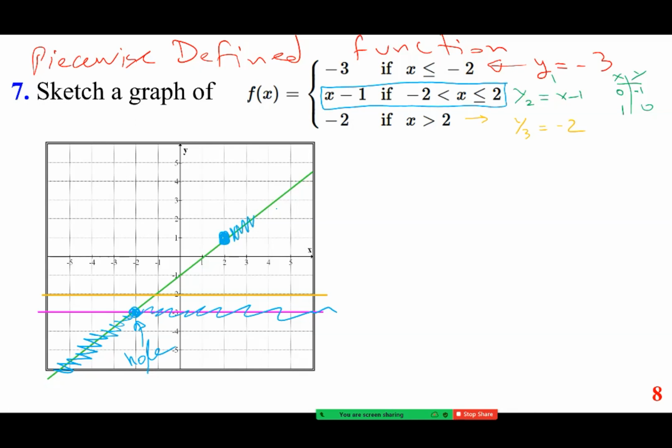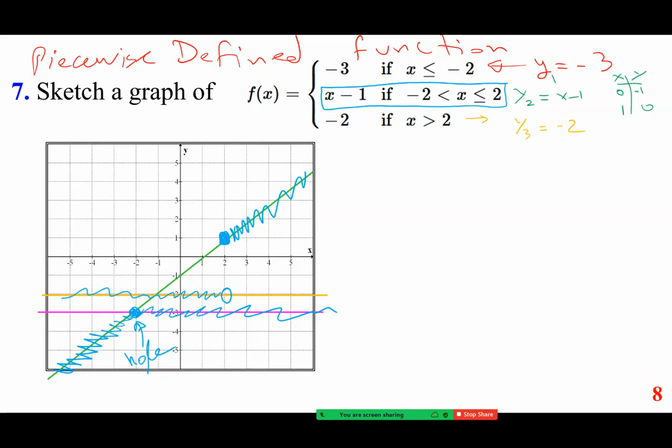You drop this portion. I hope everybody can see what I'm doing here. And finally, we have y sub 3 equals -2, which starts from 2, and that means from here to the right of it is good, and this portion is not good.